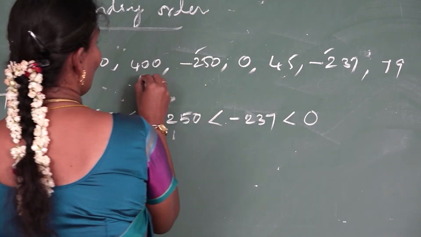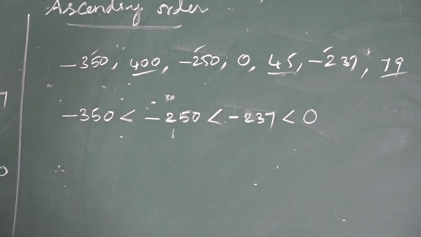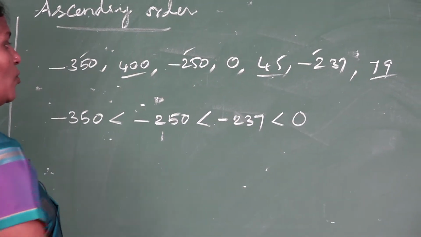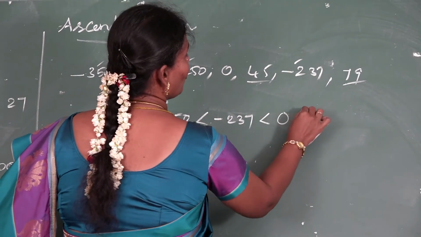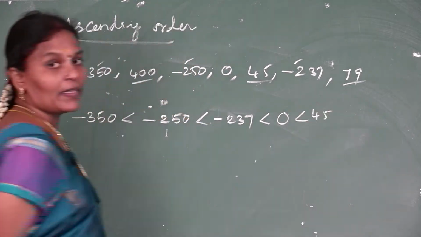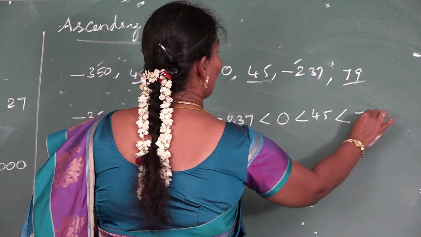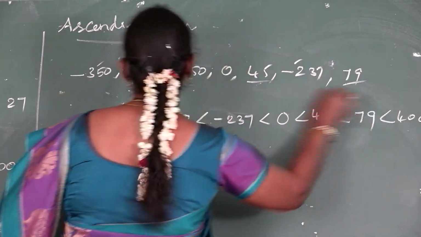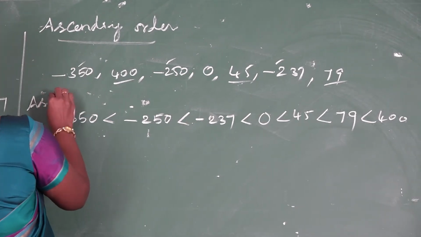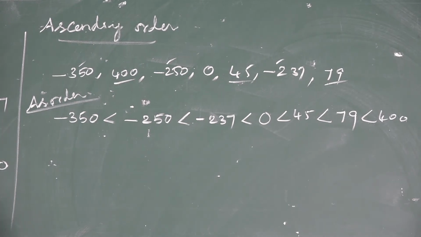See which are the positive integers? 400, 45, 79. In these positive integers, you know that the smallest one is 45. So 0 is less than 45. The next one is less than 79. The next one is less than 400. This is the ascending order. Do you understand, children? How to arrange integers in ascending order?